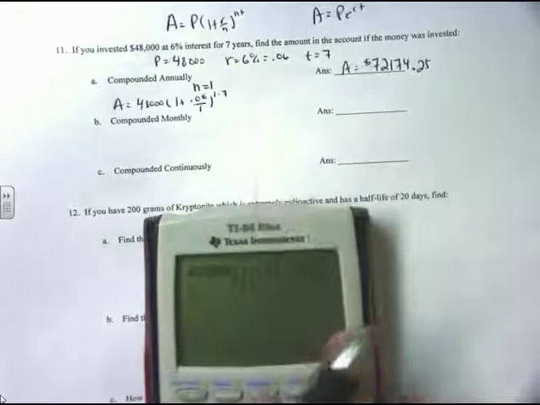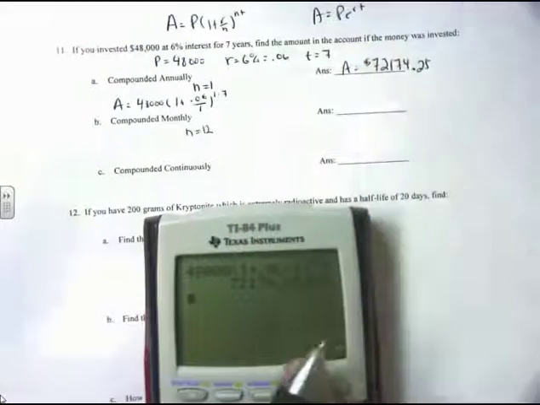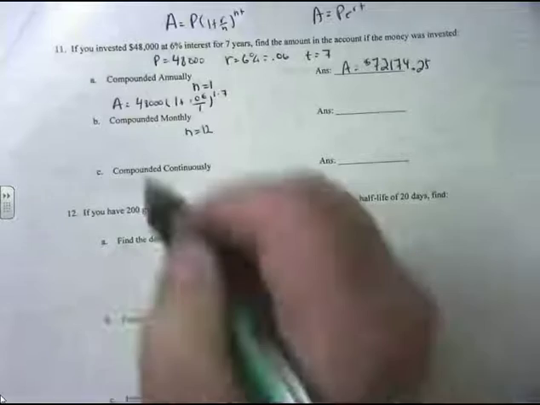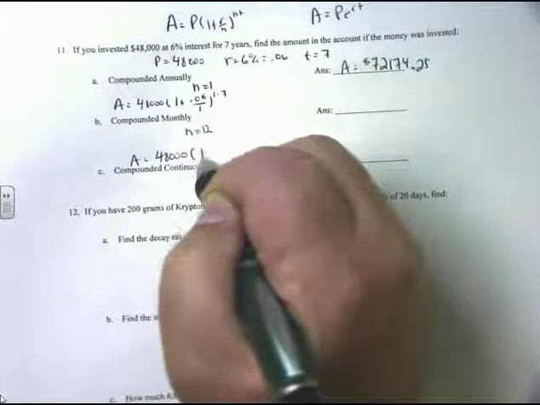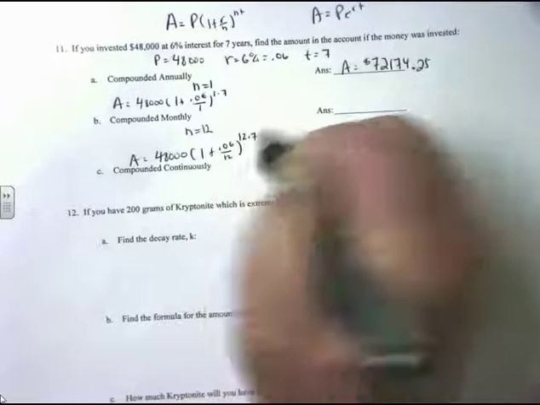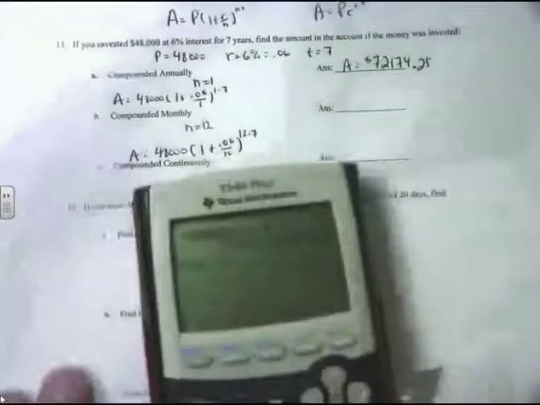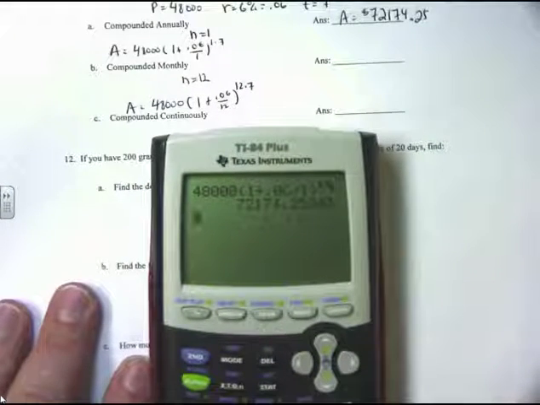But the only difference here is if I compounded monthly, that would be 12 times a year. So now we're changing it to n equals 12. So your amount in the account would be 48,000 times 1 plus 0.06 divided by 12 raised to the 12 times 7. So typing that in on my calculator, I end up getting this.